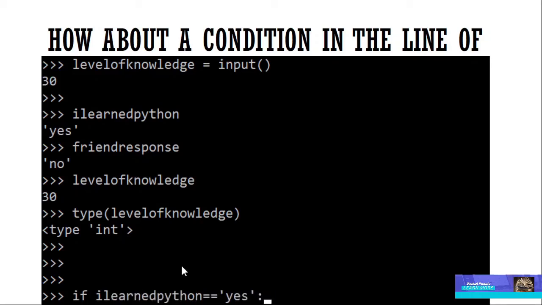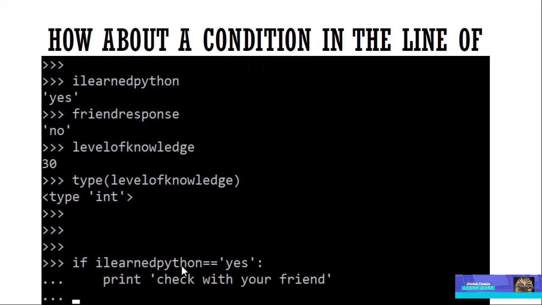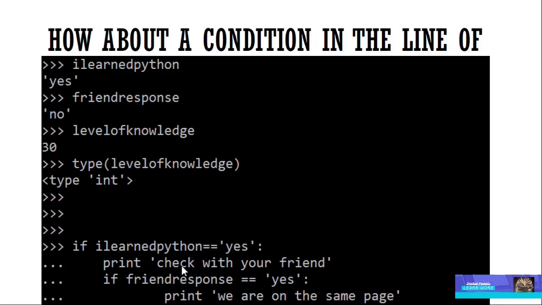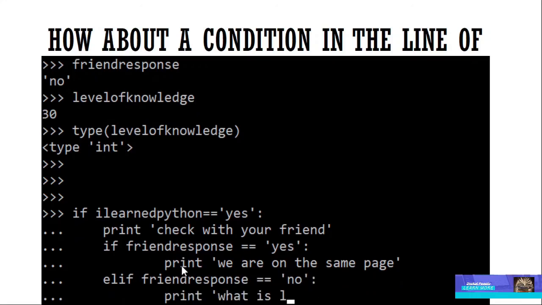So here, if I learned Python equal to yes, then check with your friend. If friend response equal to yes, we are on the same page. If the condition says yes. Else if friend response is equal to no, what is the level of knowledge?